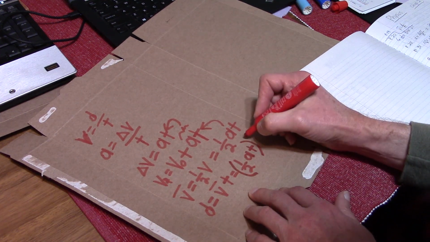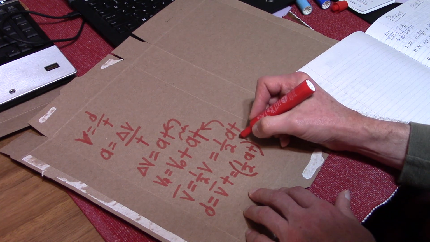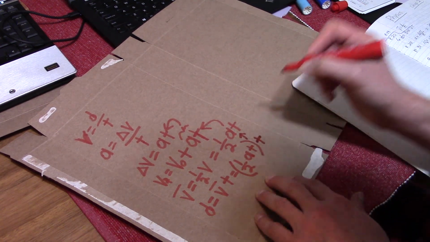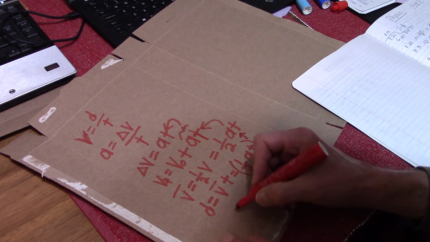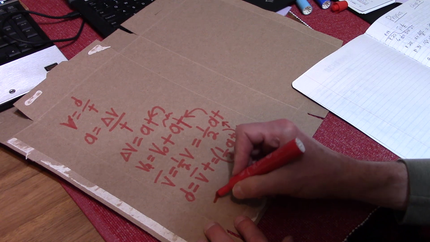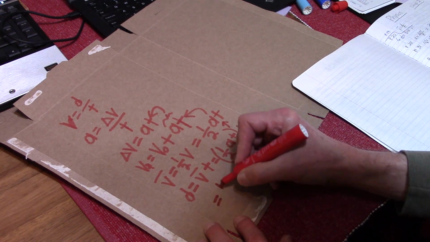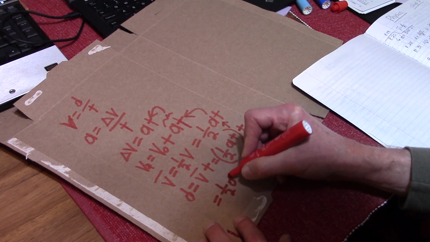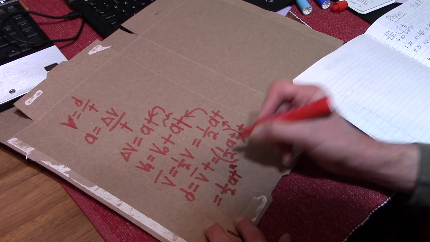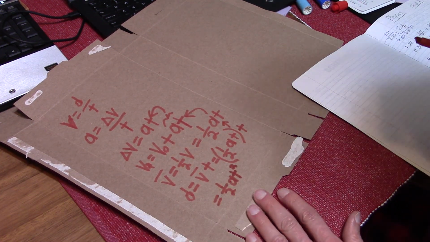Well, that's just right here. It's velocity times time. So distance is equal to 1/2 AT squared.